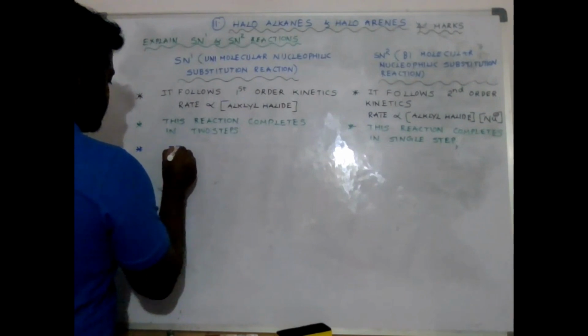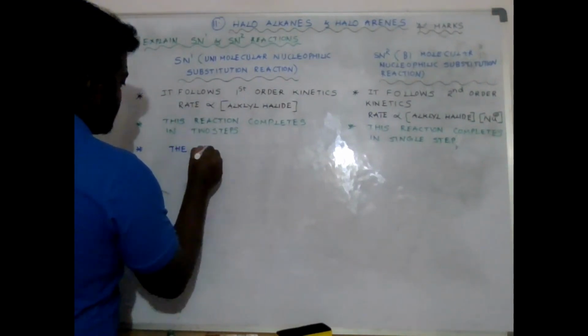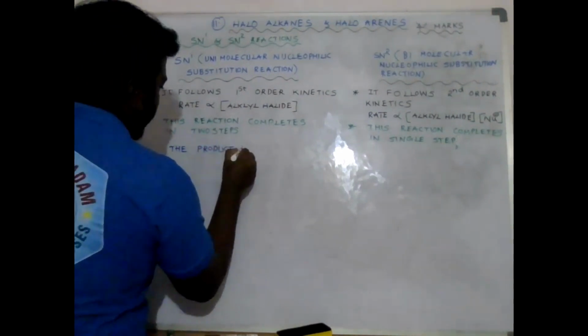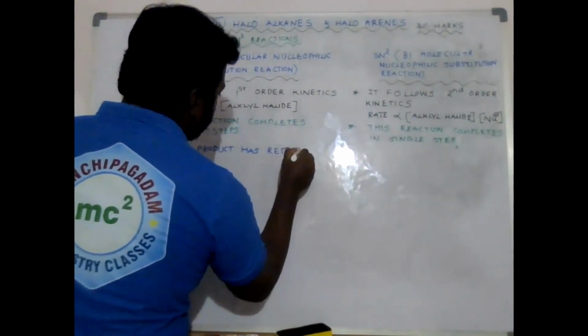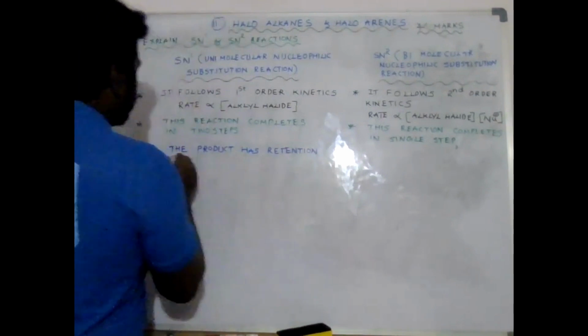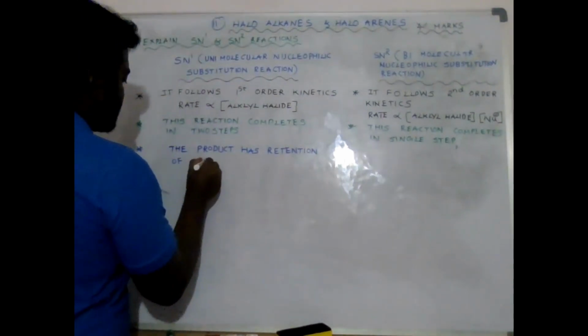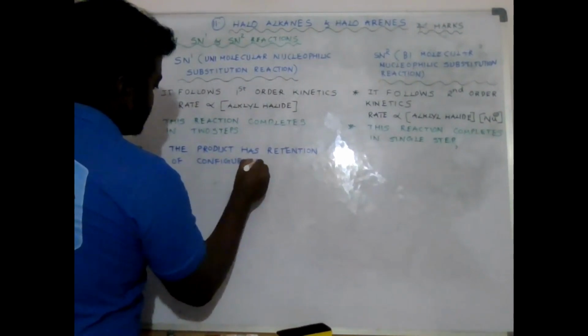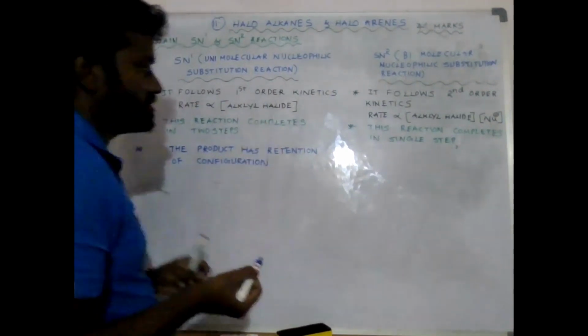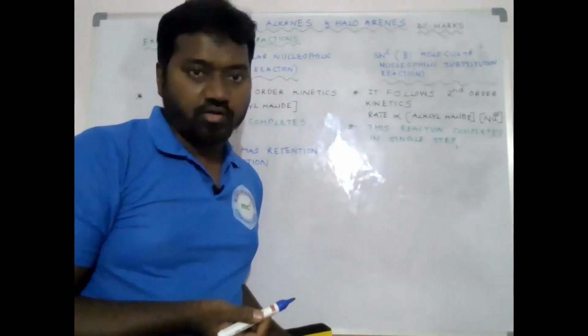The product has retention of configuration. Already we discussed what retention of configuration is. So in the SN1 there is no change in the configuration. That is why that is called retention of configuration.